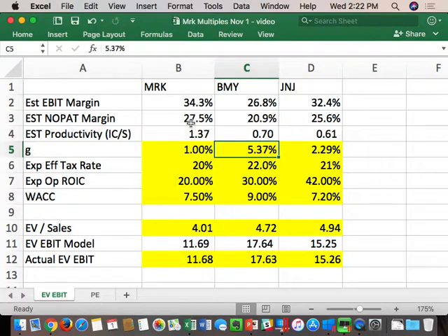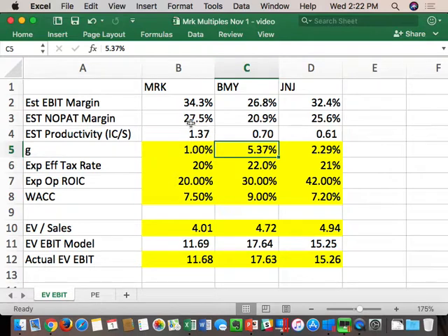I have a very high profit margin, but I'm reinvesting twice as much as my competitor. When I net that out, I get less free cash flow. And so therefore, when Merck sells more, even though they have a high margin, because they're reinvesting so much, the actual free cash flow that comes out of that margin is a lot lower. And therefore, I'm not going to pay more for Merck sales.